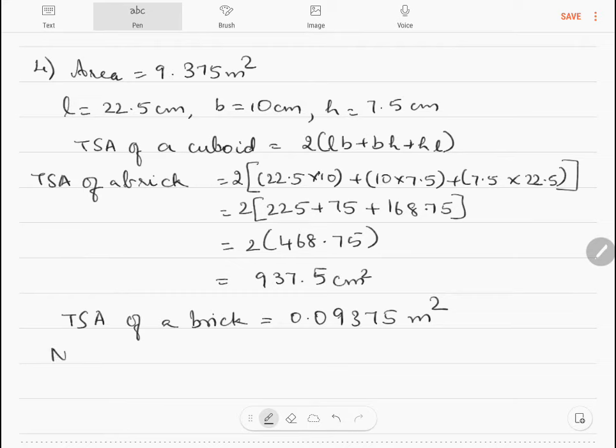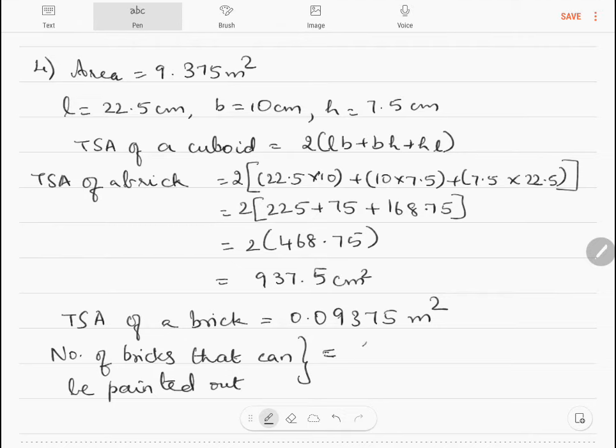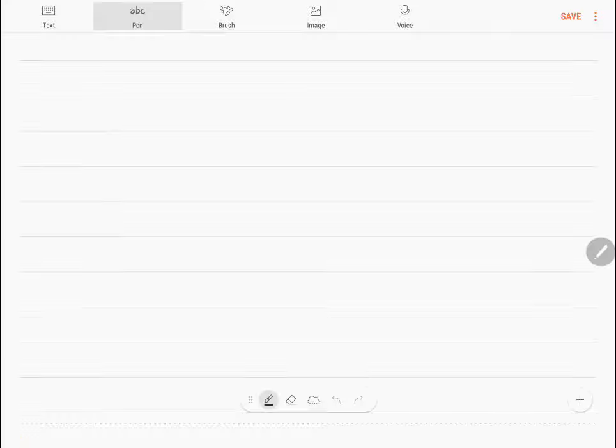The number of bricks that can be painted is the question. That will be equal to 9.375 divided by 0.09375, which is equal to 100. So the number of bricks is equal to 100.